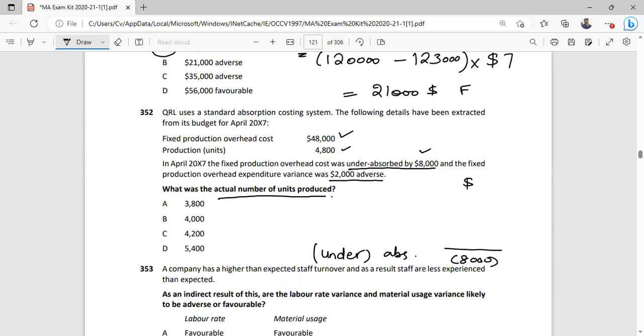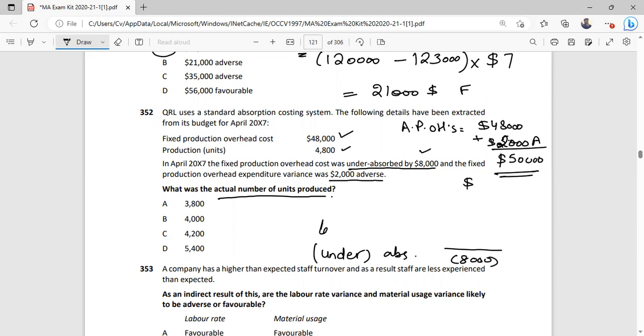Then the variance is $2,000 adverse, which means our actual overheads are greater by $2,000 in comparison with budget. So actual production overheads is equal to $48,000 plus 2,000 adverse. 48,000 is the budget and actual is 50,000.